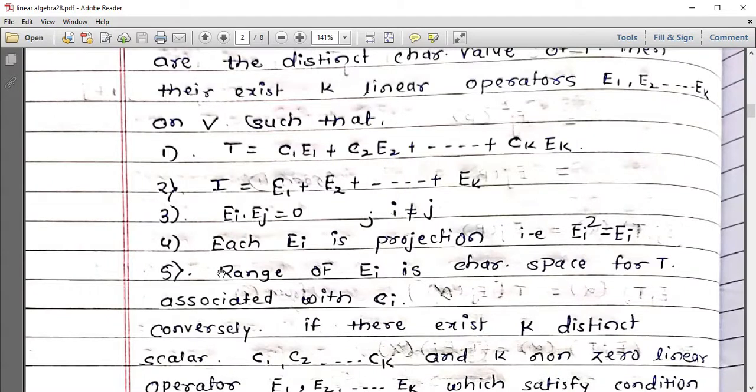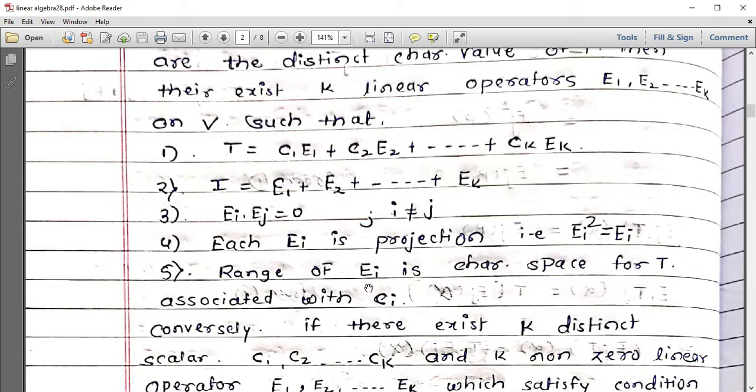And fourth condition, each Ei is a projection on V, where i runs from 1 to k, that is Ei squared is equal to Ei. And fifth, the range of Ei is the characteristic space for T associated with Ci.